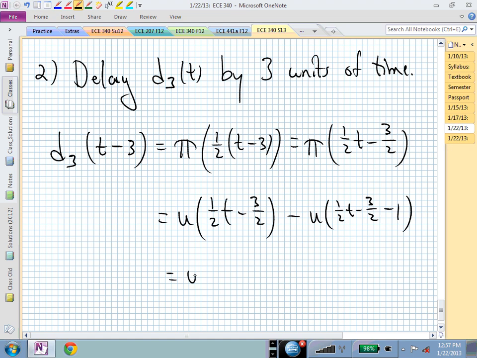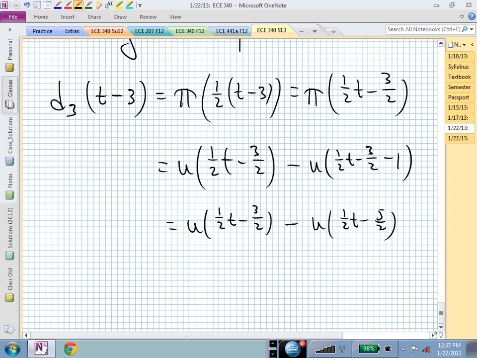Or this is now u of 1/2 t minus 3/2 minus u of 1/2 t minus 5/2. And you can then do what we had done before. You can factor out the 1/2 if you want to. This is now u of t minus 3 minus u of t minus 5.